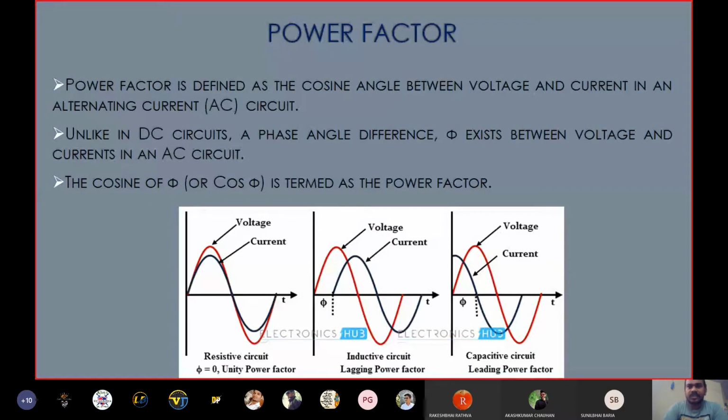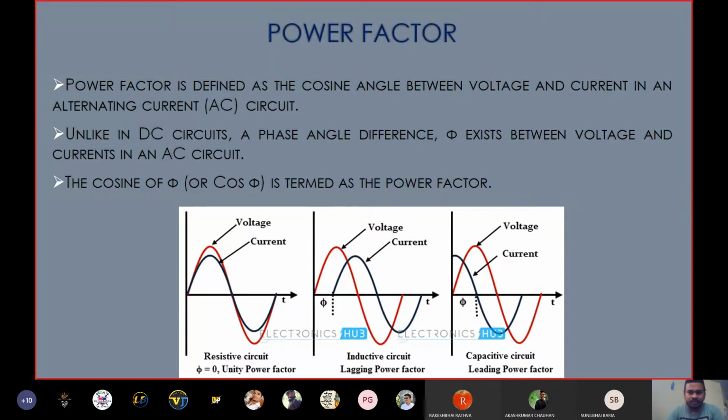A phase angle difference, that is phi, exists between the voltage and current waveforms, or the voltage vector and current vector. The cosine of the angle is termed cos phi, and cos phi is termed the power factor in the AC circuit.